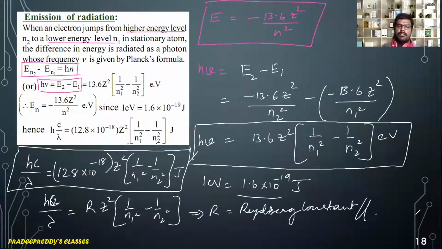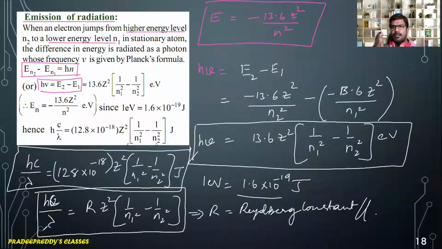So finally, whenever an electron is undergoing a transition from n1 level to n2 level, it will release some energy, and that energy can be calculated using this equation, and the corresponding radiation wavelength and frequency can be determined by the same equation.